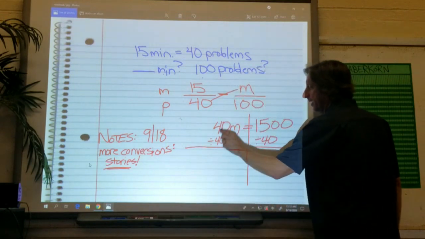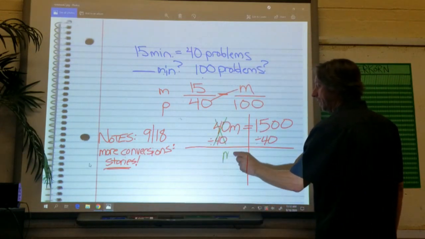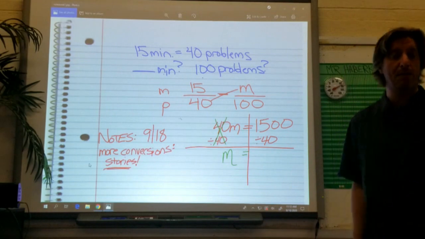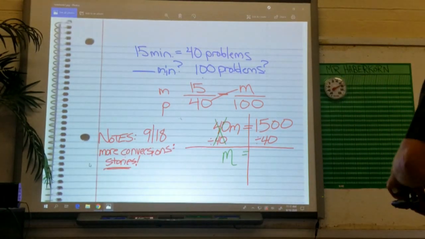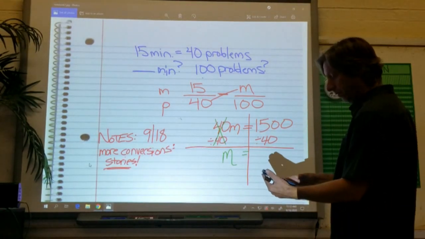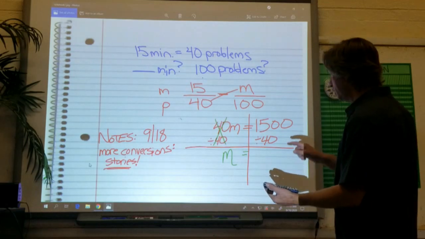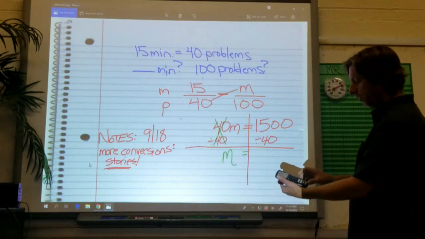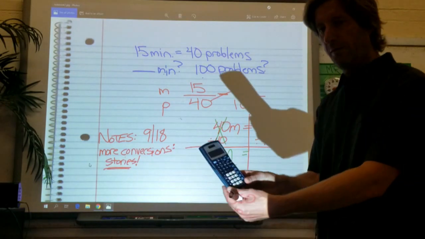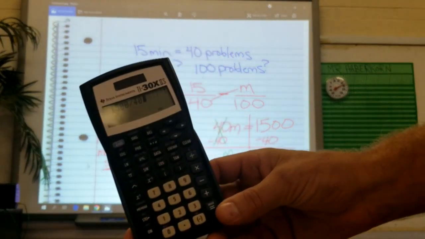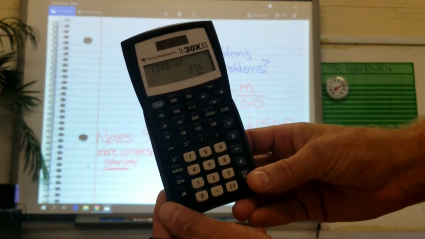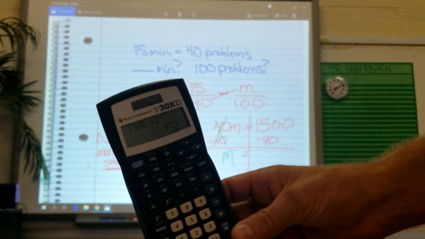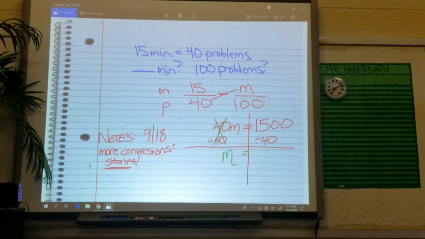Your 40s cancel out. And I get M equals, I'm going to need a calculator to do this myself. 1,500. Notice I'm typing the top number in first. Divided by 40. I don't know if you guys can see that or not. 37.5.